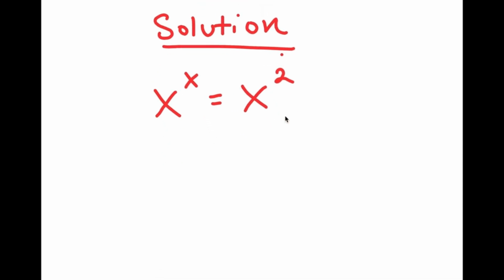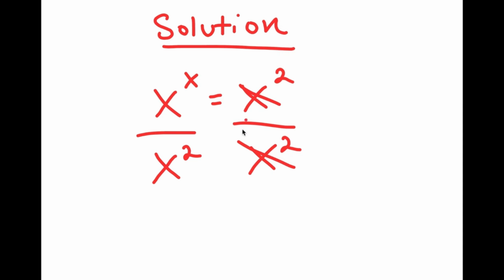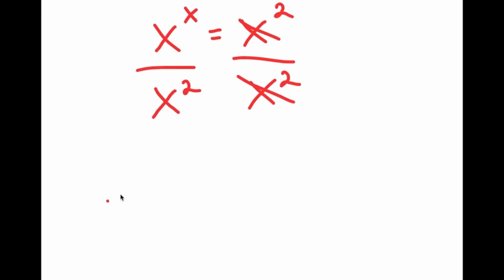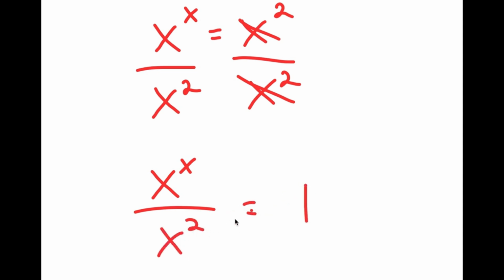Now the first thing I'm going to do is divide both sides by x to the power of 2. So then these two cancel out, and I get x to the power of x over x to the power of 2 is equal to 1.